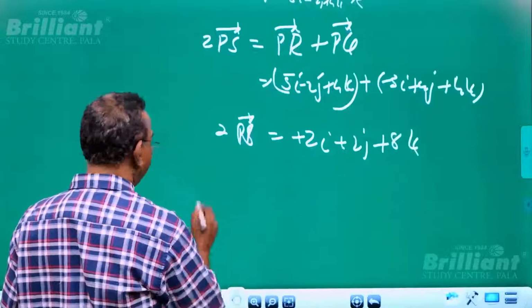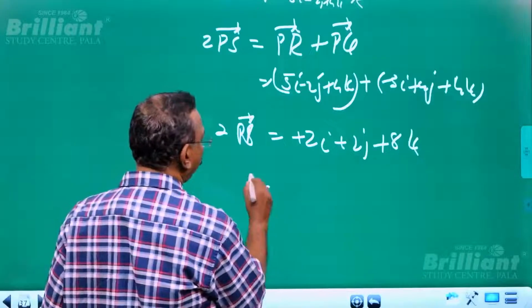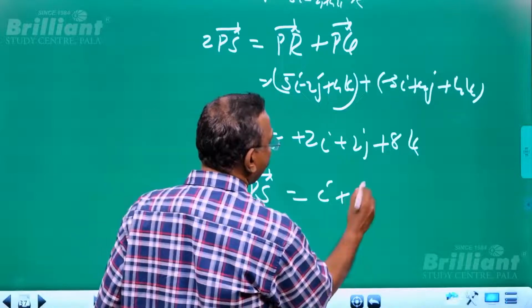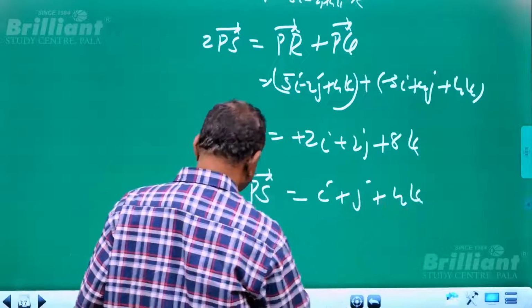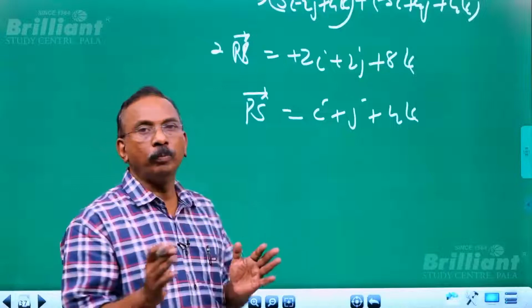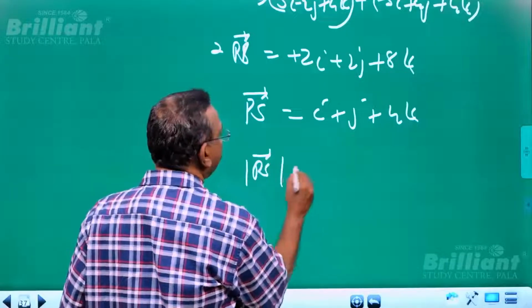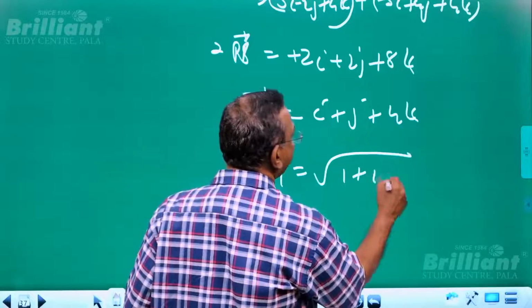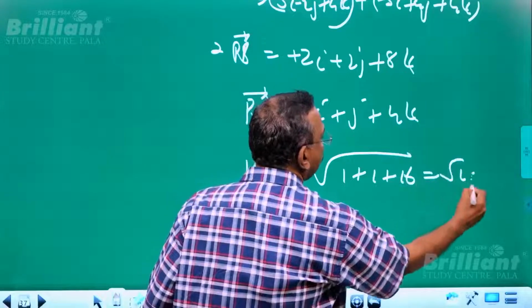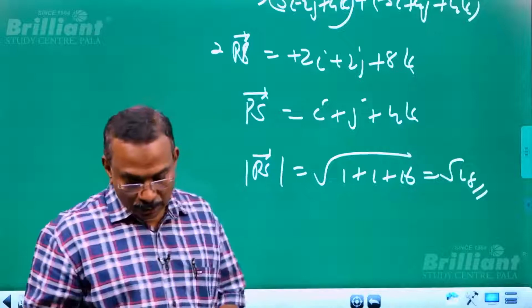Therefore, PS is equal to i + j + 4k. This is the median through P. So the magnitude of the median PS is equal to the square root of 1 + 1 + 16, which is root 18, given there as option 4.